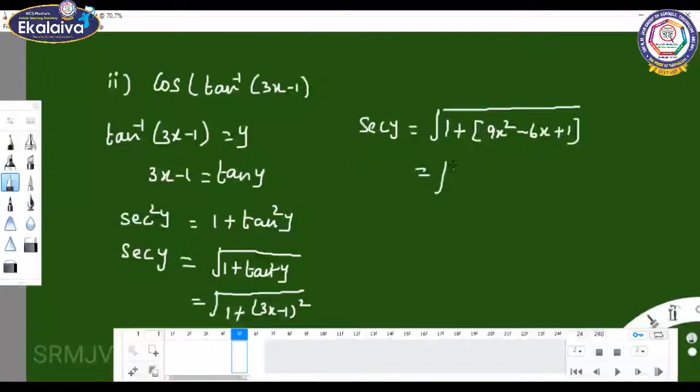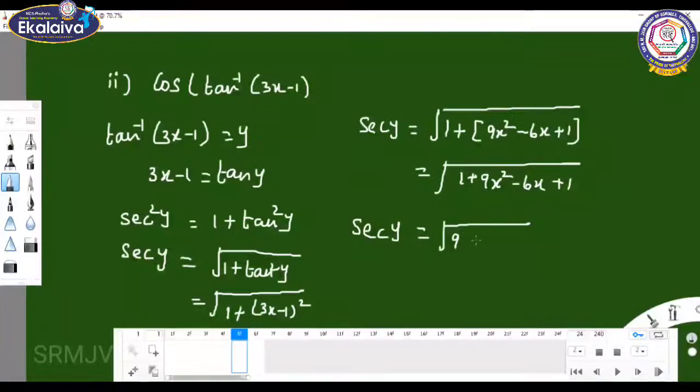So what is the value for this? Secant y equal to root of 9x square minus 6x plus 2.